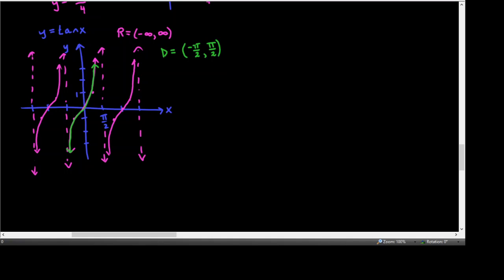So when we go to get the inverse tangent, or arctangent, of x, because of the switching of x's and y's, we'll number the x-axis by 1s and the y-axis by π/2.